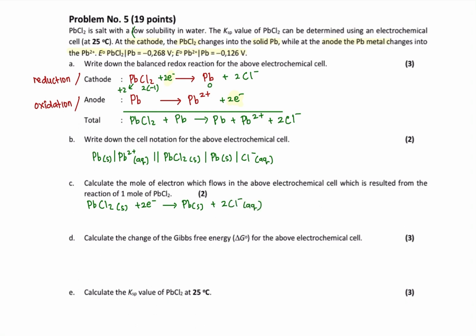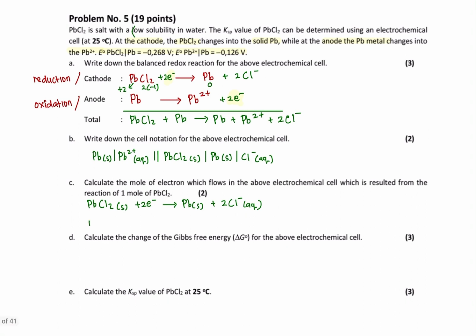So the mole of electrons here is twice the mole of PbCl2. So 1 mole of PbCl2 gives 2 moles of electrons.